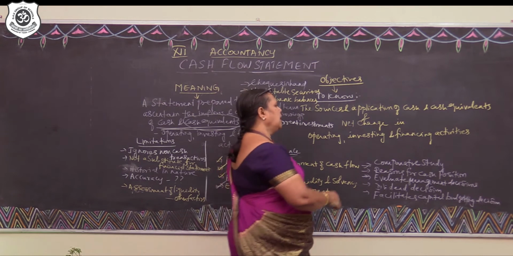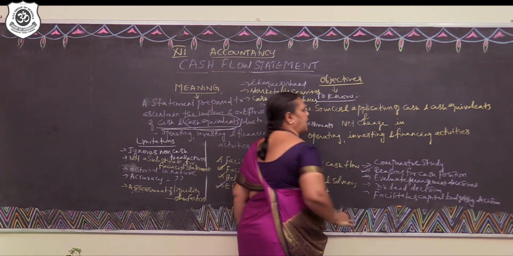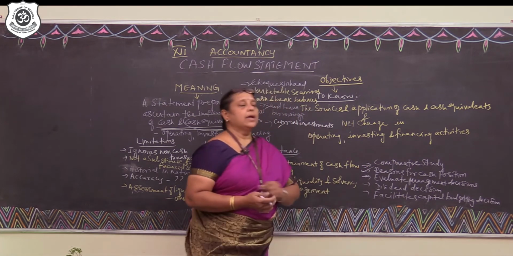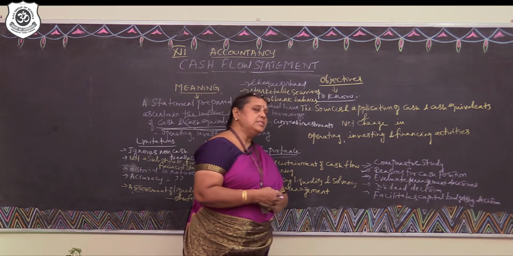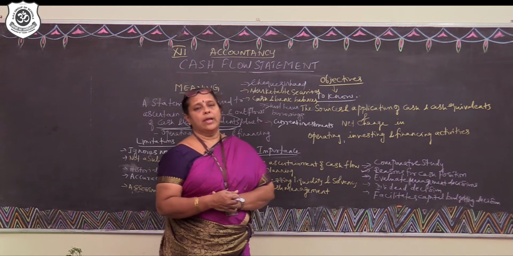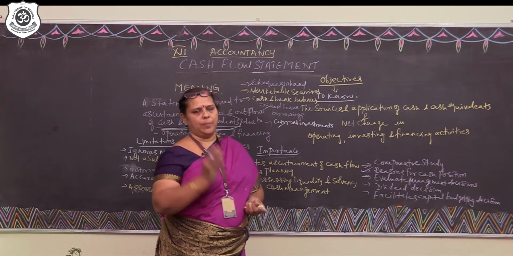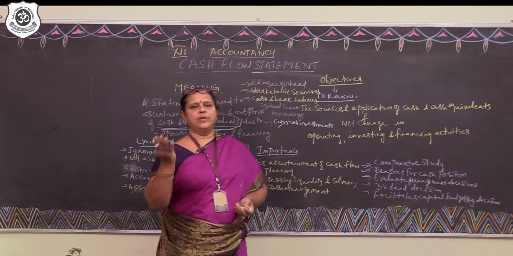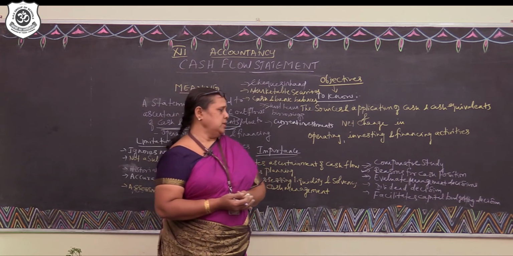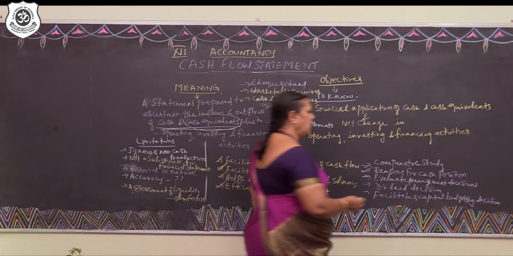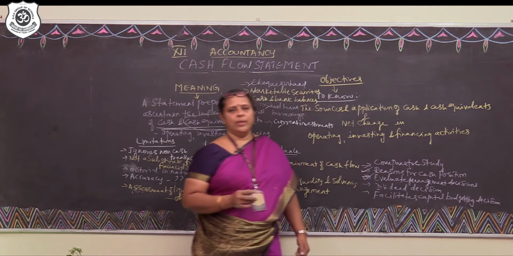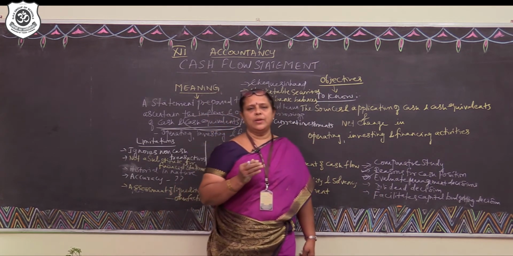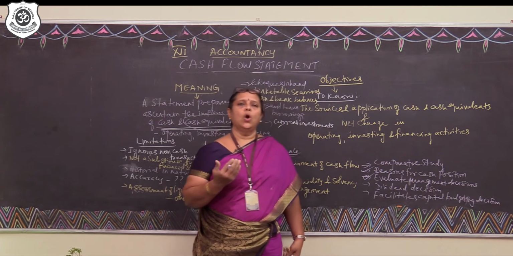The next is, the cash flow statement facilitates understanding of the cash flow position and the reasons for the cash position. What are the reasons why there is a change in the cash position at different levels: operating activities, investing activities and financing activities. The next is, it evaluates management decisions. The cash flow statement reflects whether the decisions taken by the management are in the right direction or not.